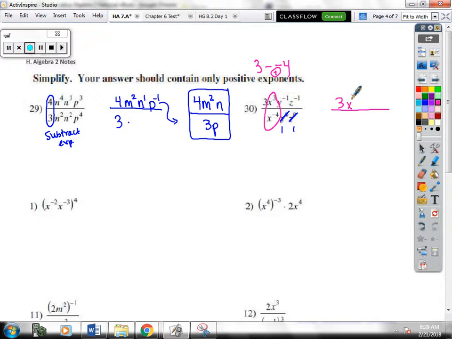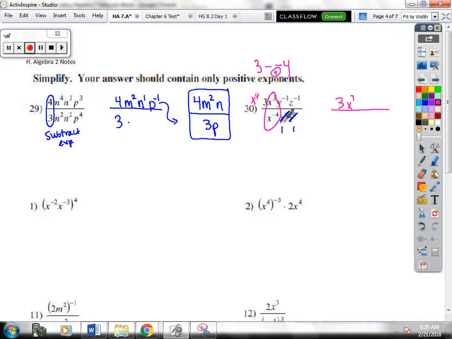So this will be x to the 7. Now if you prefer, you can take the negative, use the negative exponent rule, which is to move it to the numerator. And then you would have x to the 4th times x cubed, which you add the exponents to get x to the 7th. So there's multiple ways to do these with the properties.